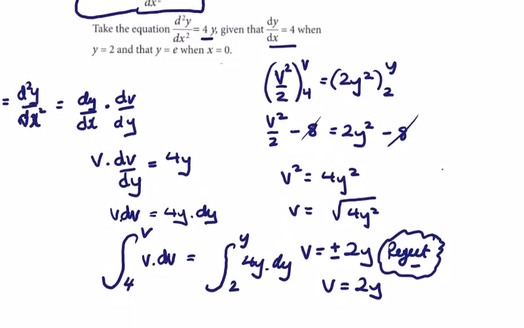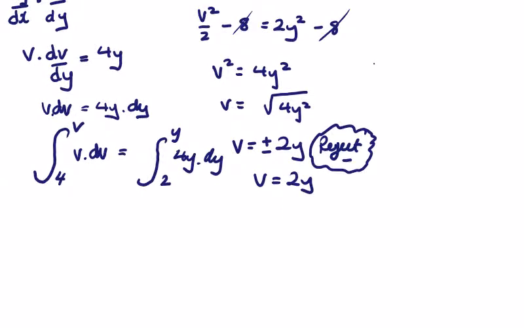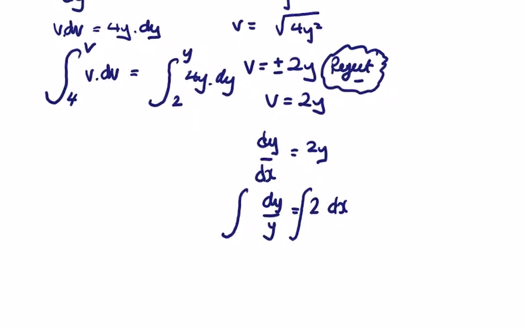So now we have v is equal to 2y, and we also have v is equal to dy/dx. So dy/dx is equal to 2y. So we get dy over y is equal to 2 dx, and if we integrate these, we're going to put our values in.